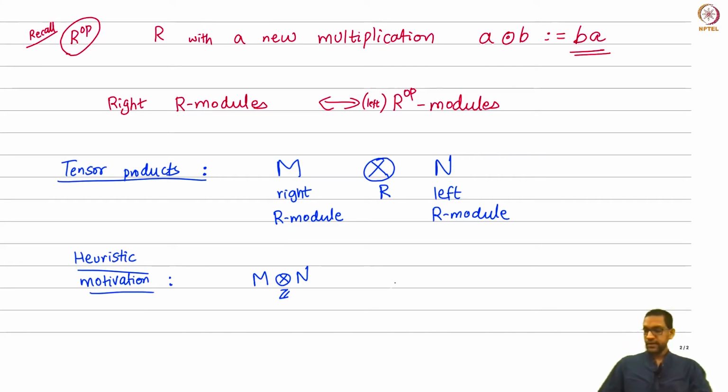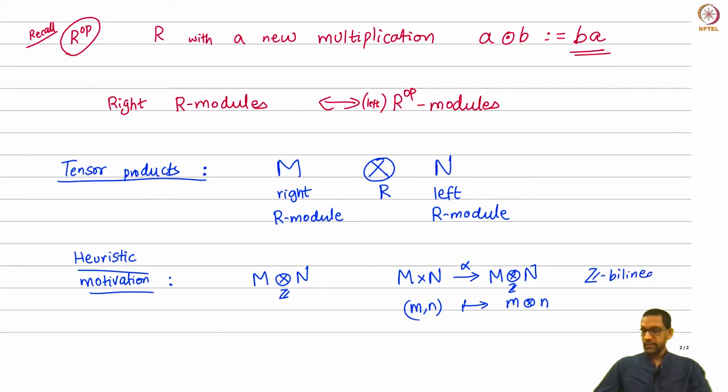There was a bilinear map from M cross N to the tensor product, which we denoted (m, n) going to, so that map was called alpha, and we also had an alternate notation. We called this element m tensor n. Now this map was Z bilinear.